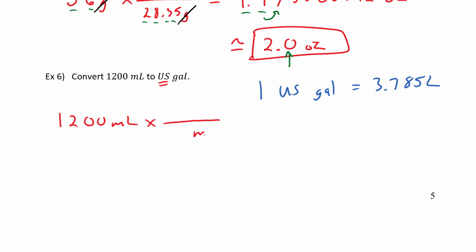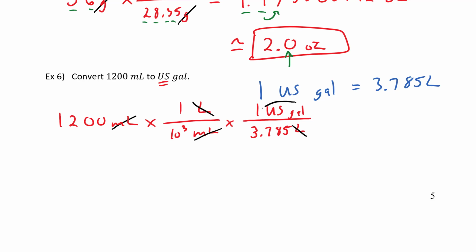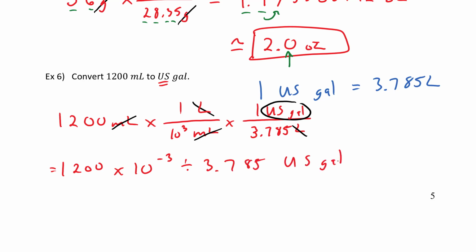I have to convert first from milliliters to liters. And then I can use that conversion factor. 3.785 liters on the bottom, 1 US gallon. Mils cancel mils, liters cancel liters, left with US gallons. 1,200 times 10 to the minus 3 divided by 3.785 US gallons. Work this all out.